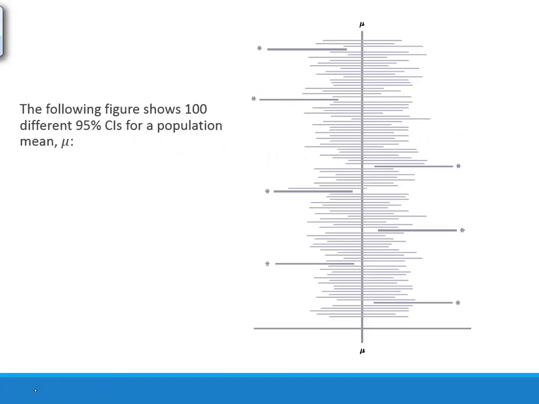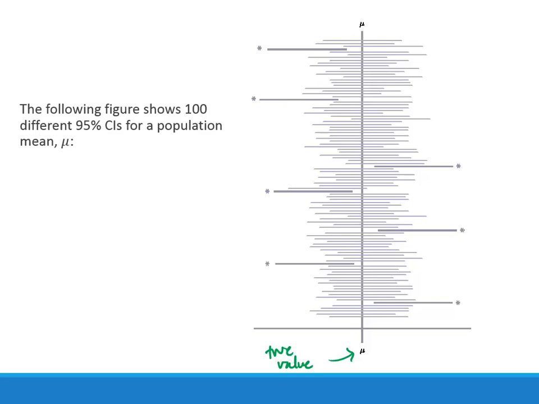That probably makes lots and lots of sense, but maybe a picture will help a little bit better. Each one of these lines here represents a confidence interval. This is a simulation where I actually know what the mean is. Here's the true value of mu. Each line represents the range of a 95% confidence interval.